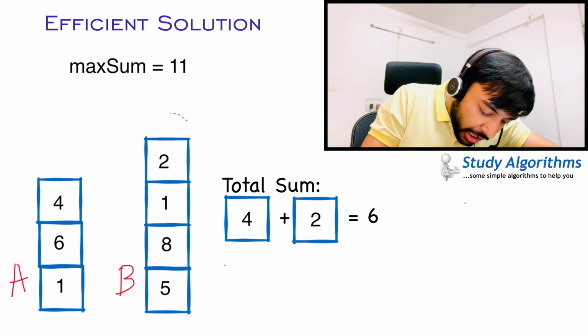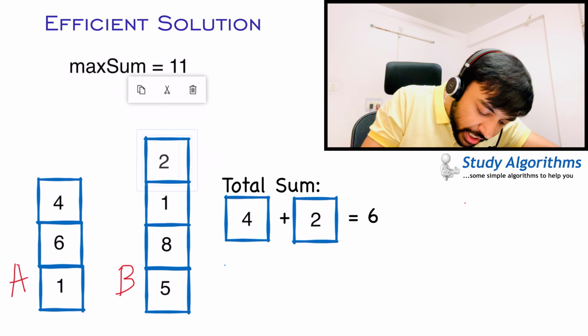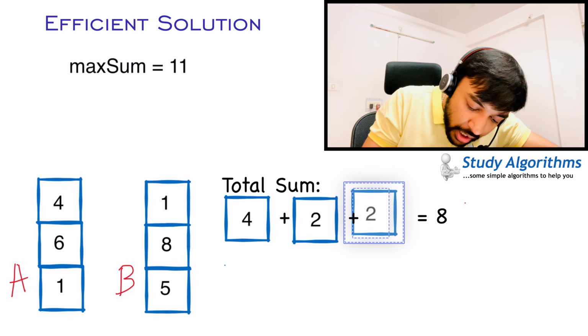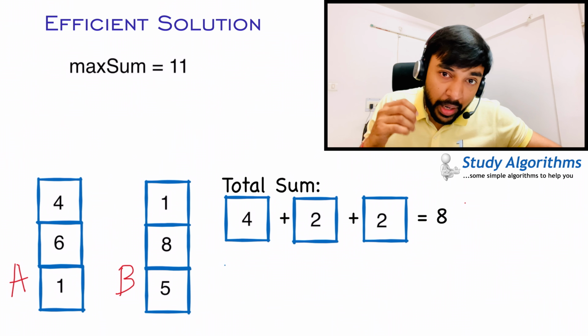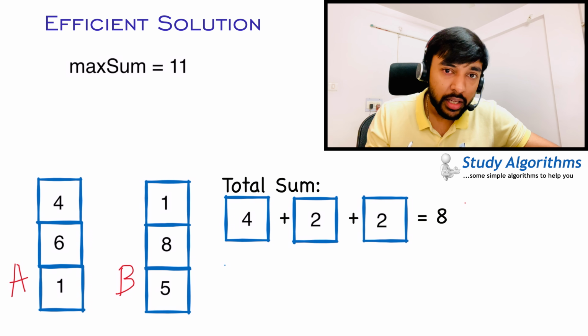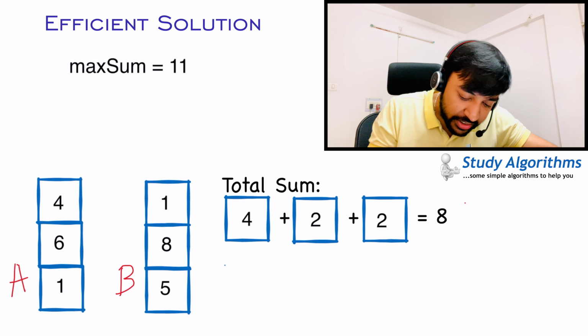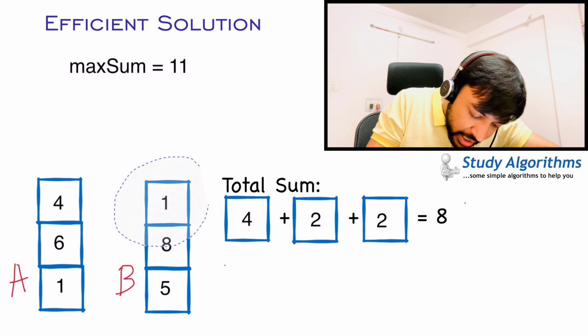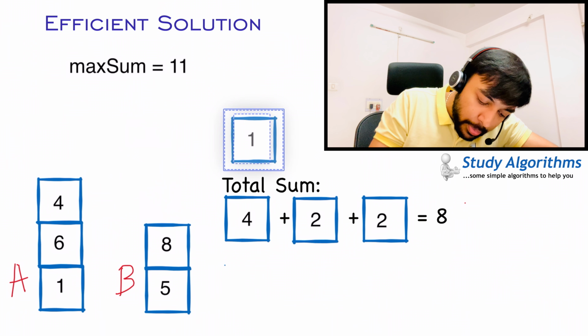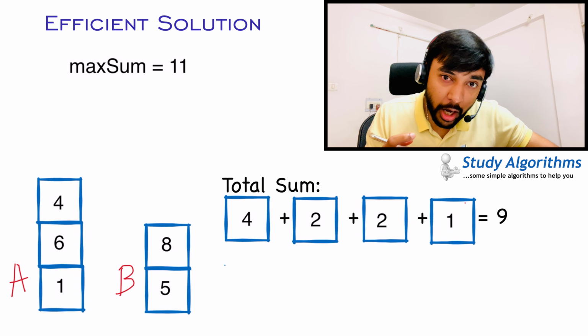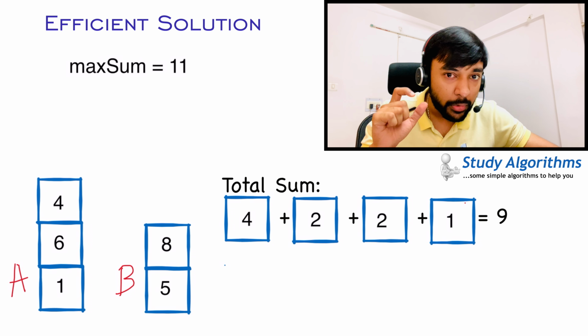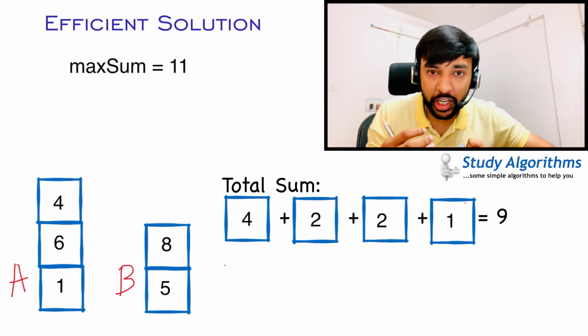Then it could be possible that, hey, I could use up more elements. So this time I will take up one of the elements from stack number 2. So I took 2. Now my sum is 8, right? Since the sum is still less than the max sum, I can bring in more elements. So I try to bring in 1 again. Now you can see I achieved a sum of 9 and that is with 4 elements.